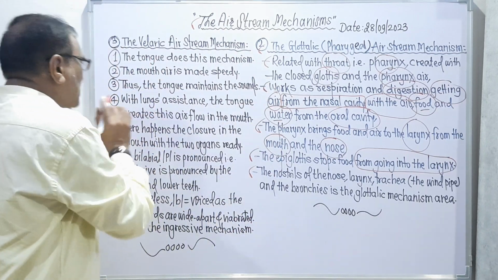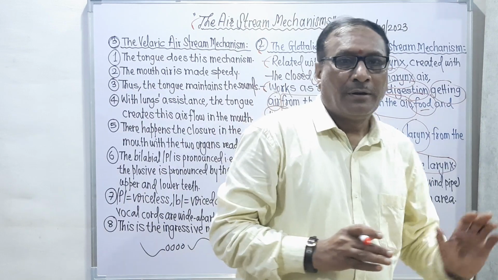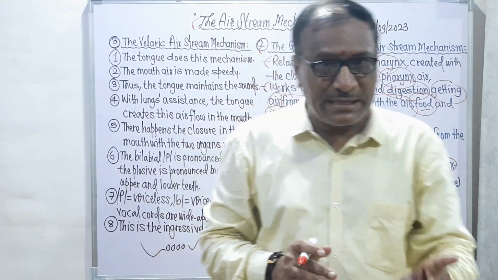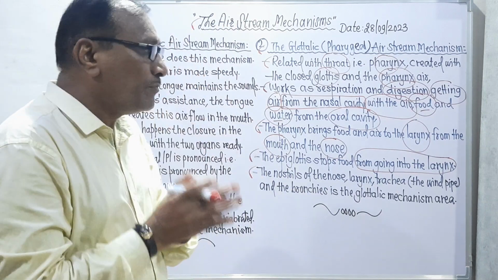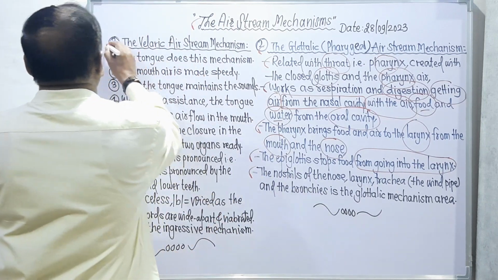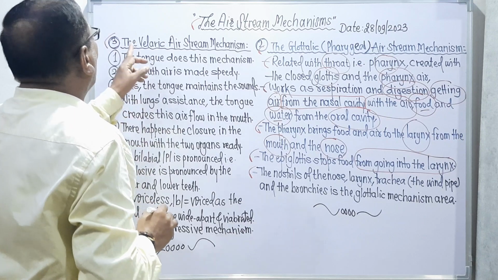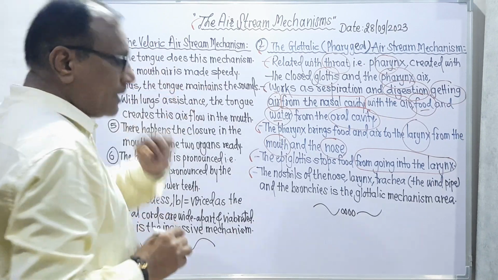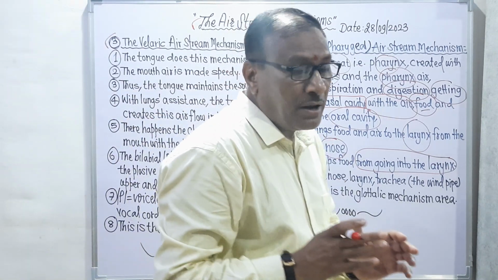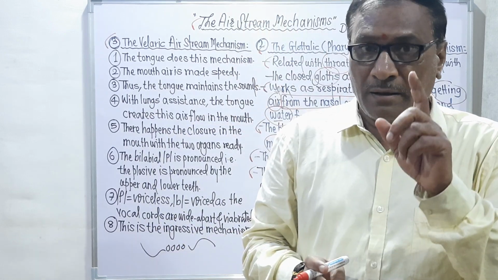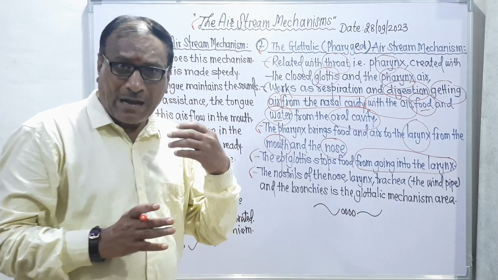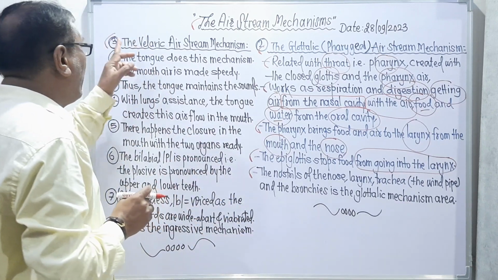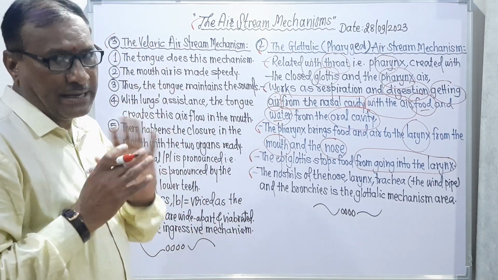Now I am discussing the third airstream mechanism, and the third airstream mechanism is very important. That is the velaric airstream mechanism. Remember, the third mechanism of producing sounds is the velaric airstream mechanism.